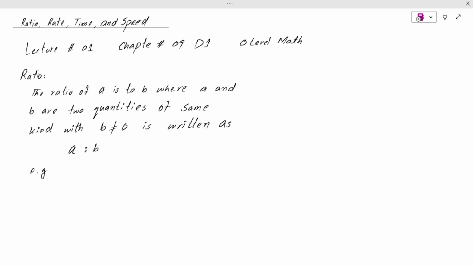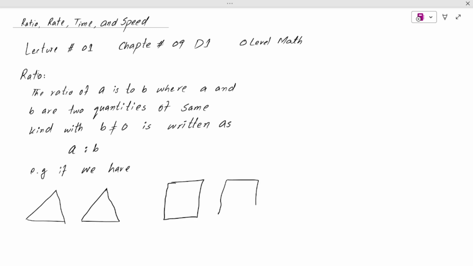These two dots represent ratio. For example, if we have two triangles like this and three squares, we can write the ratio between them as 2 ratio 3.